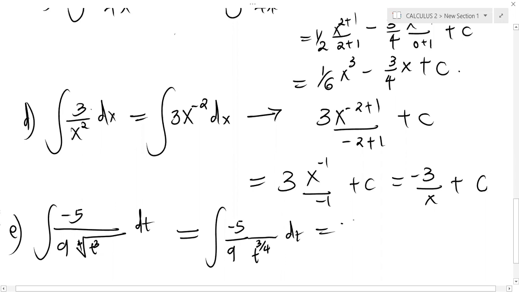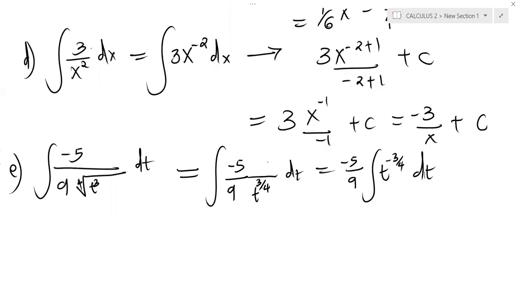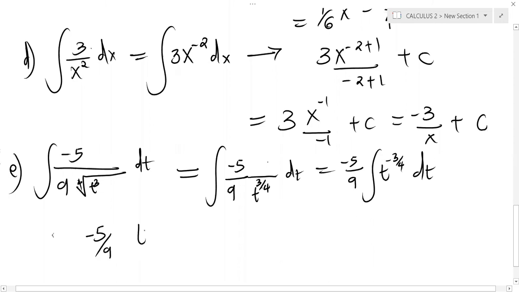I can write minus 5 over 9 outside the integral sign, and bringing this t on top, it will be t raised to power minus 3 over 4 dt. Now integrating that, we'll have minus 5 over 9, t^(-3/4+1)/(-3/4+1) plus c. So you can go ahead and simplify that.